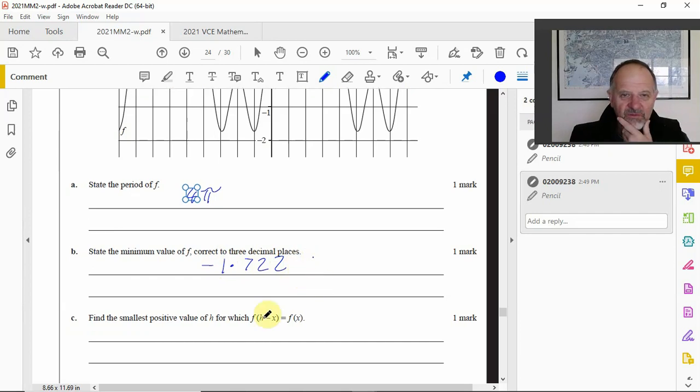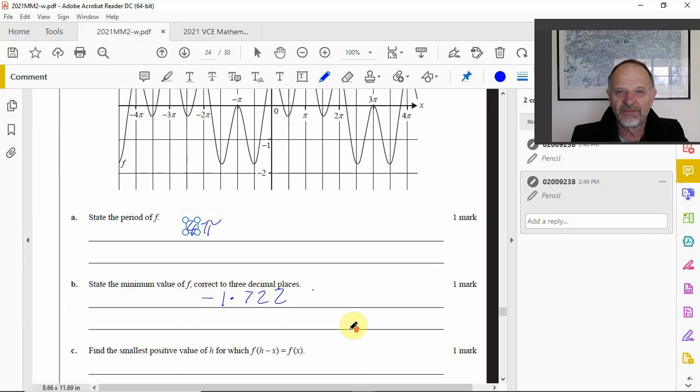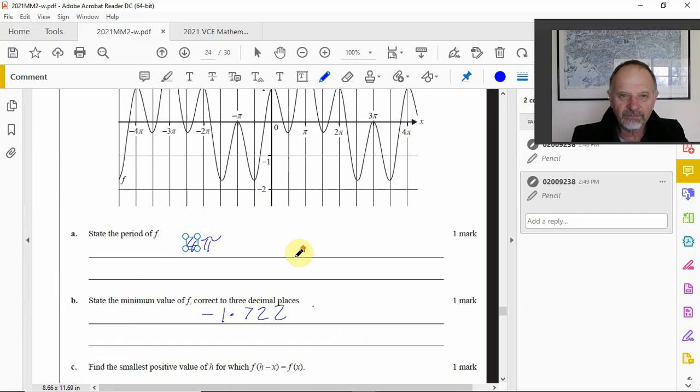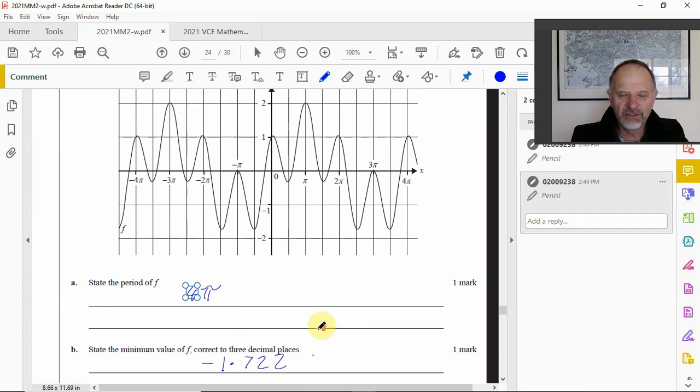Find the smallest possible value of h for which f(h minus x) is the same as f(x). All right, so we've got a reflection here, and then we've got a translation. So a reflection, that means we're reflecting this stuff over to there, and vice versa, or this stuff over to there.